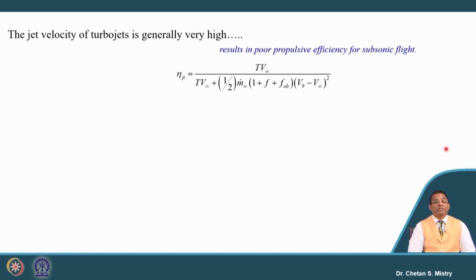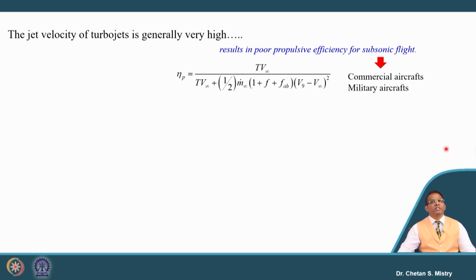Now, this propulsive efficiency, we know if our exhaust velocity is higher, propulsive efficiency will go down. For that case, we are looking at commercial aircraft as well as military aircraft, because we are planning to have our flight in subsonic condition.